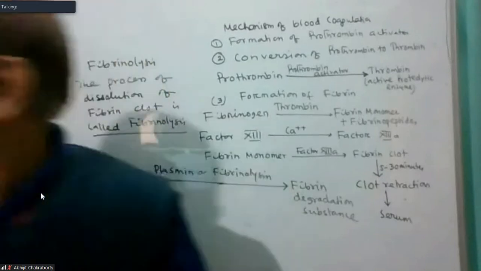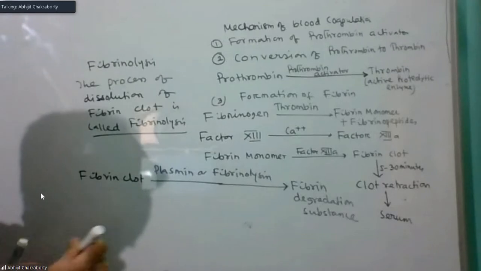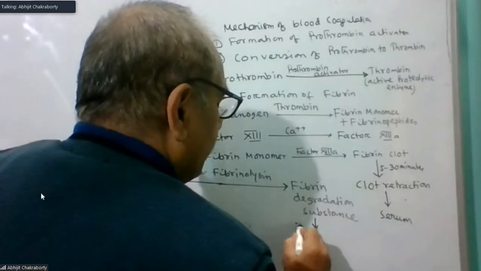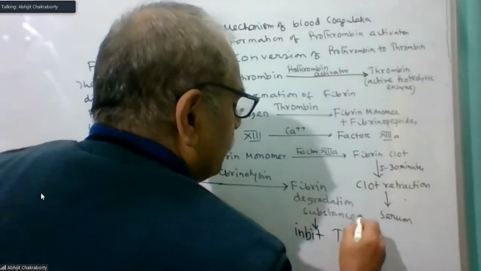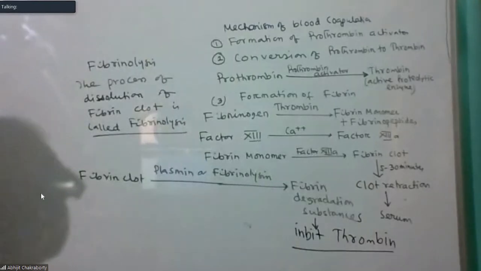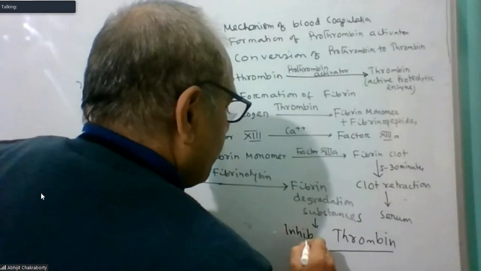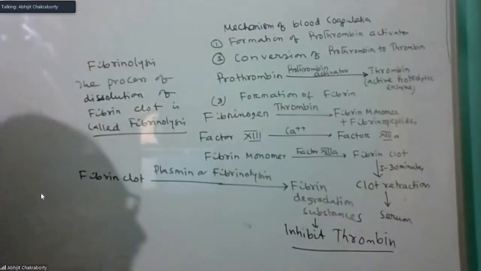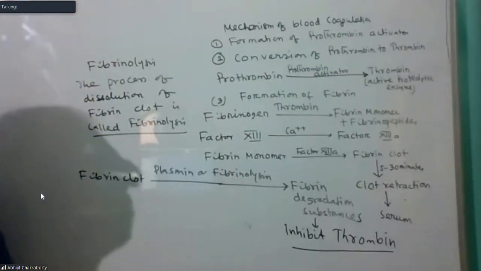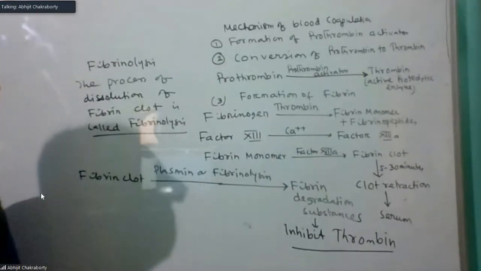After that, what will happen? Now this fibrin degradation substance in turn inhibits thrombin, so that thrombin is not able to degrade further fibrinogen.